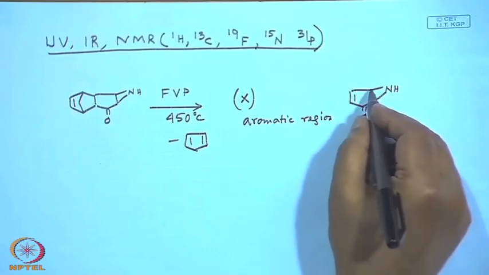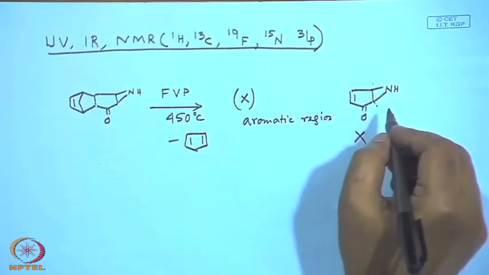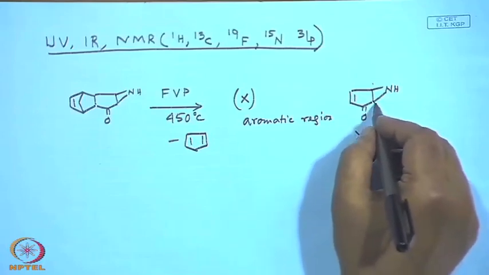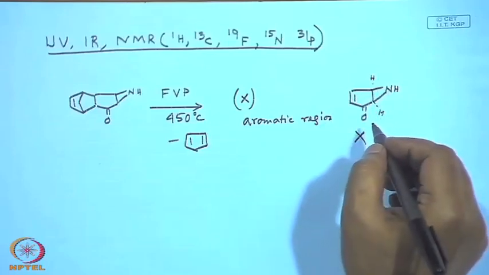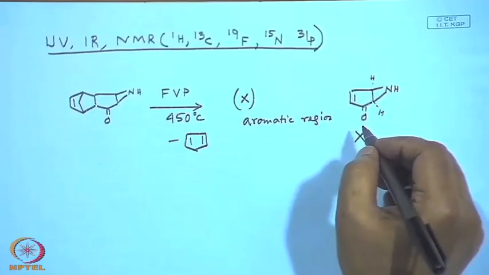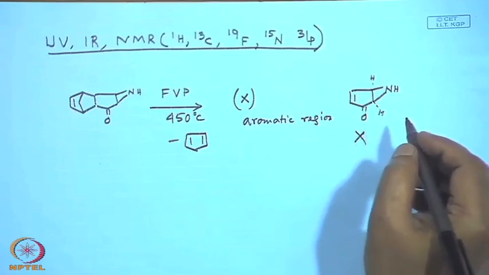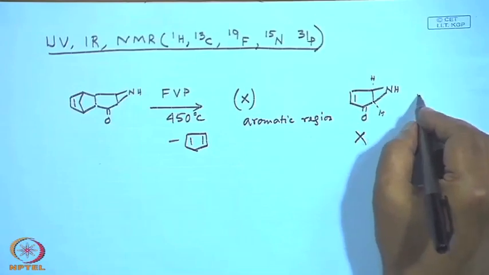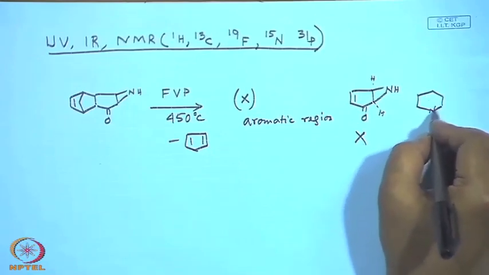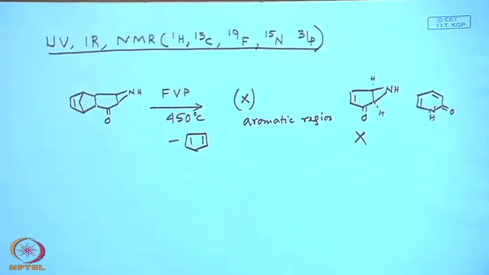You would have aliphatic hydrogens, alicyclic hydrogens I should say, but those were not present. So, what do you expect then? I will give you the structure straight away without spending much time. The structure is 2-pyridone. It is a special kind of pericyclic reaction, pi 2a, pi 2a, pi 2s.